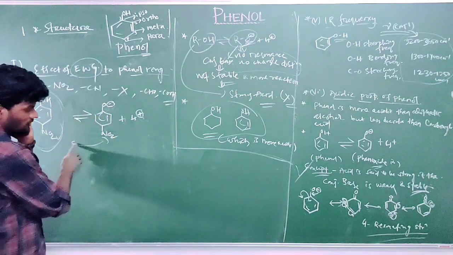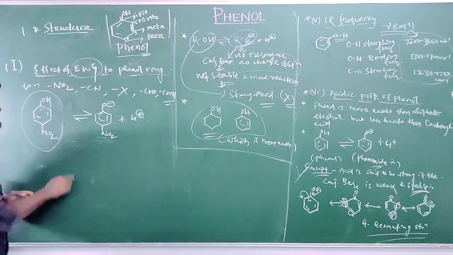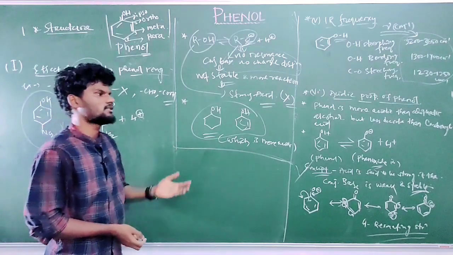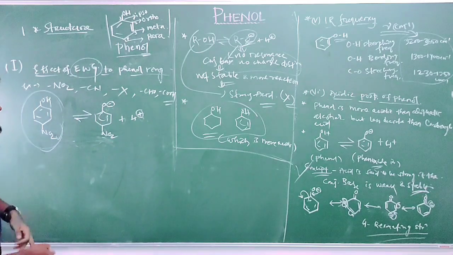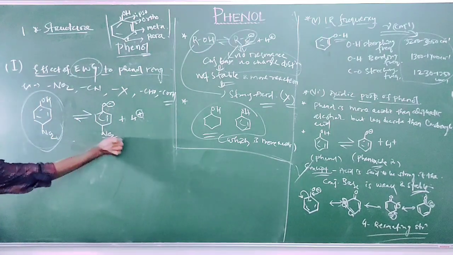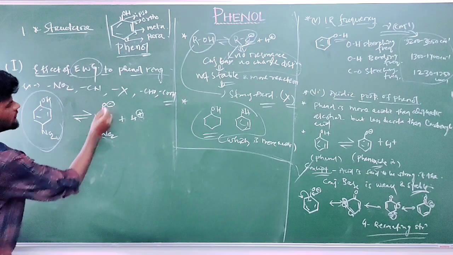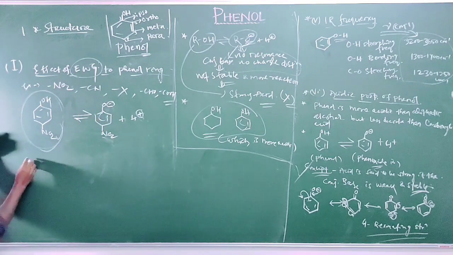So how to know if the conjugate base is stable or not? By seeing the resonating structures, charge distribution or delocalization of charges. So draw the resonating structure of the para-nitrophenoxide ion. This is important and it may be asked in your examination too.